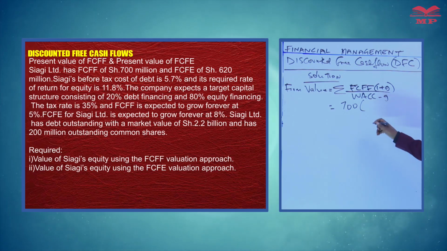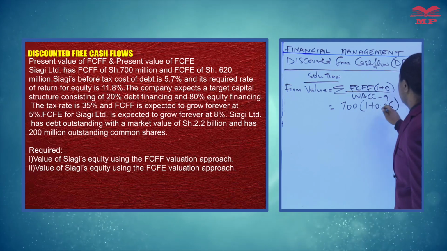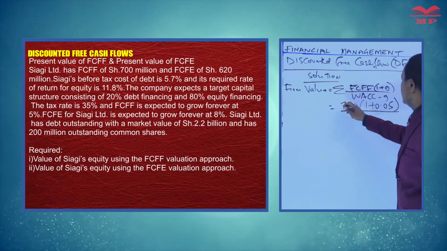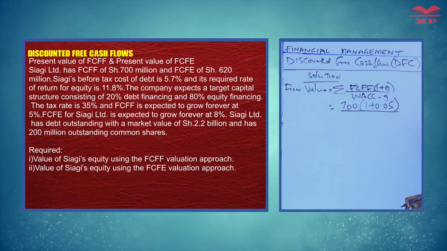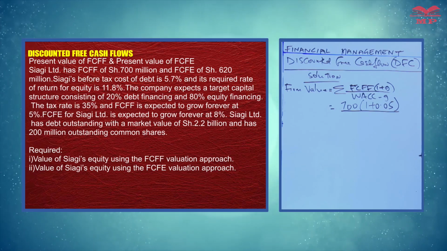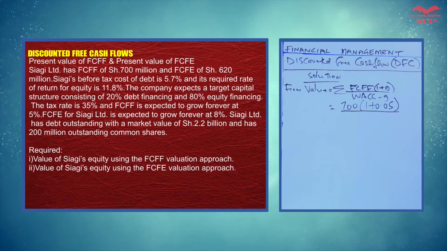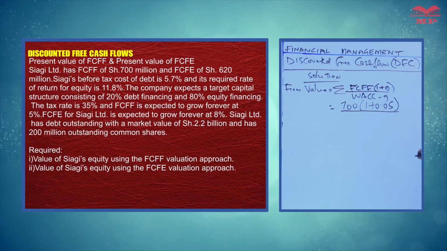So you'll have 1 plus 0.05. We divide by the WACC. We do not have the WACC, but we have the values.